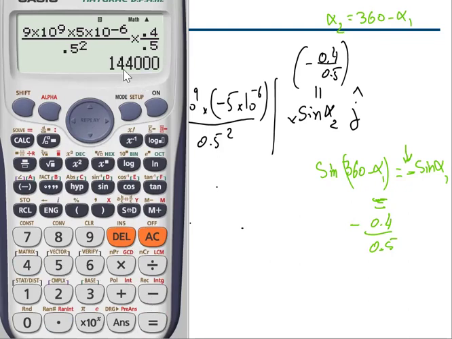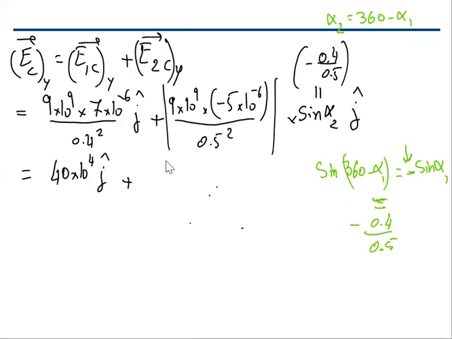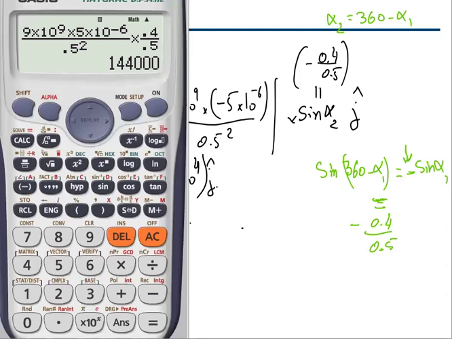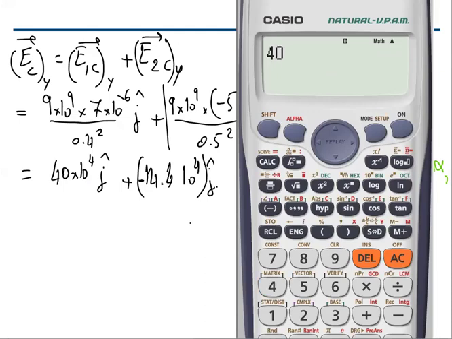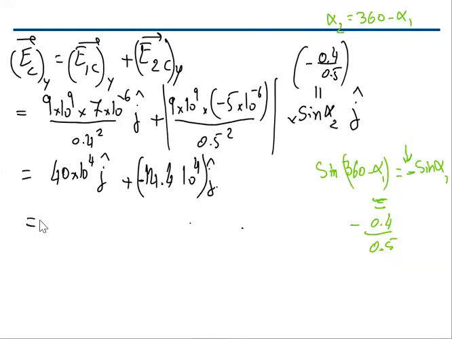So the result is 14.4 times 10 power 4 J. And don't forget that there is a negative sign coming from this side. So what will be the result? Our result will be 40 minus 14.4, so it's equal to 25.6 times 10 power 4 J.